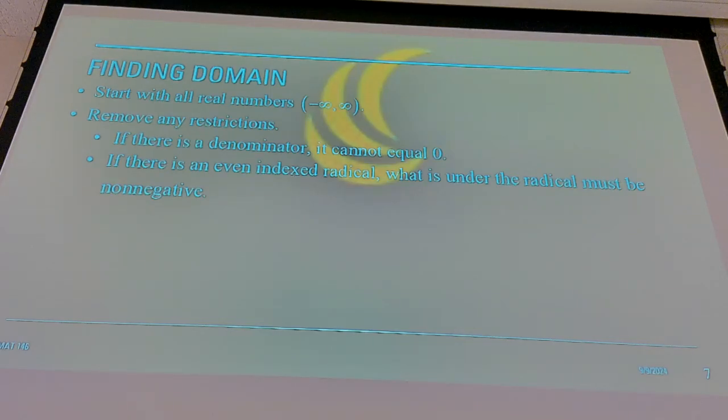And then as we study different types of functions, the exponential, logarithmic, and trig and inverse trig, we'll learn more restrictions.